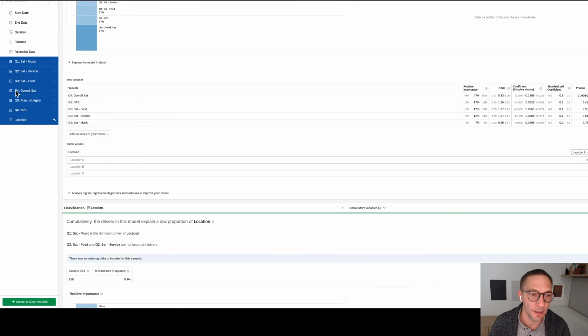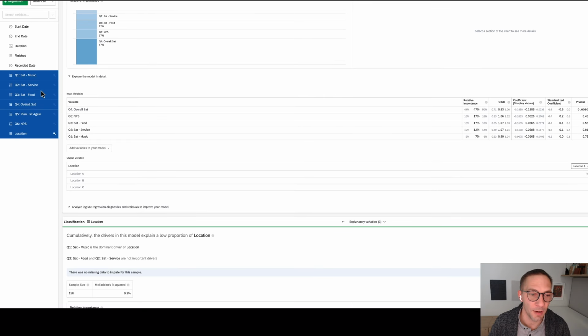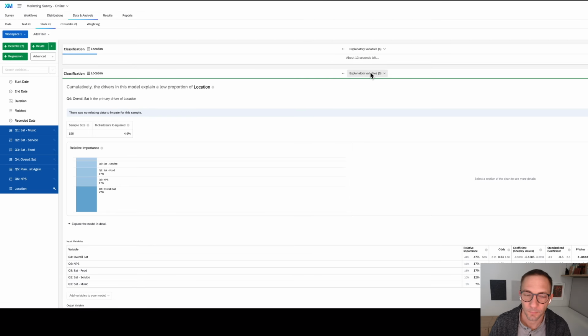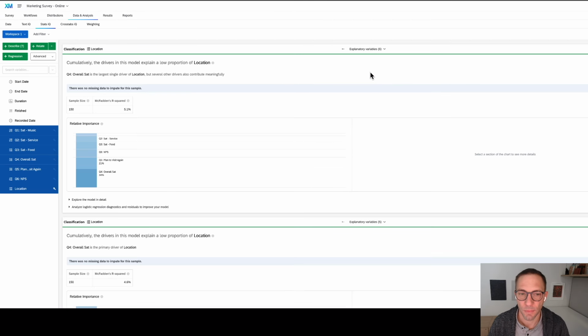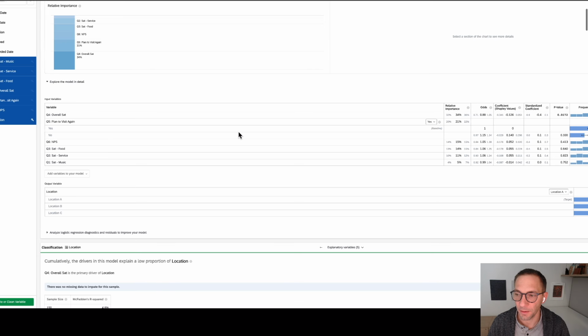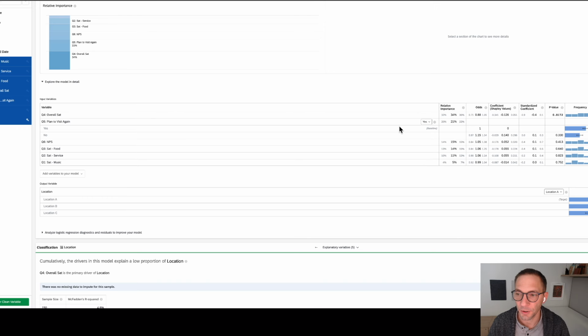Let's include this. So we have all of them together. Run a regression. And now it's going to choose our target down here, but it's also going to choose our baselines here. So our baseline is a 1.